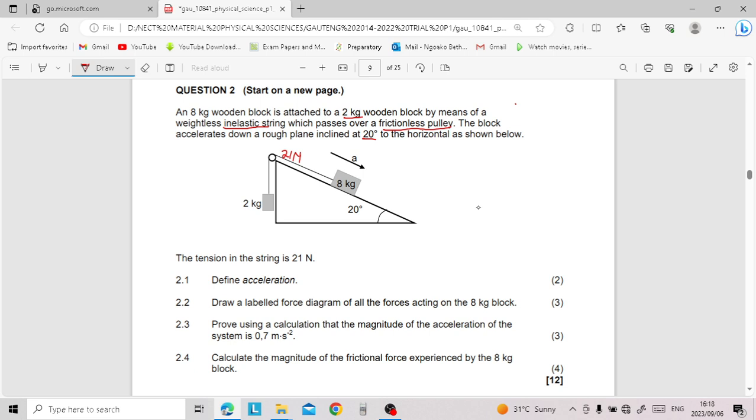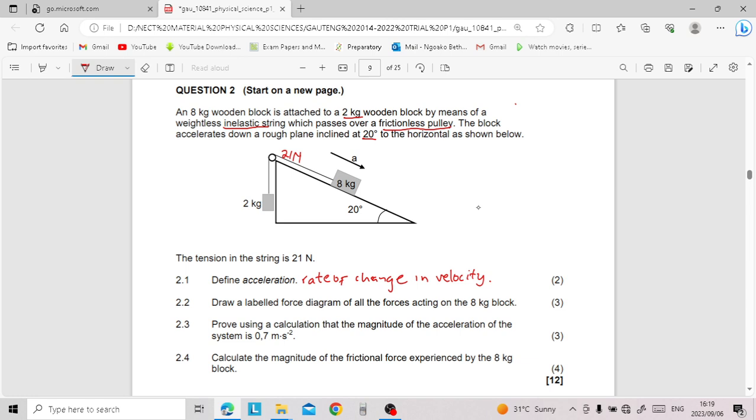Define the term acceleration. This is just the rate of change in velocity, but we can say the change in velocity per unit time.